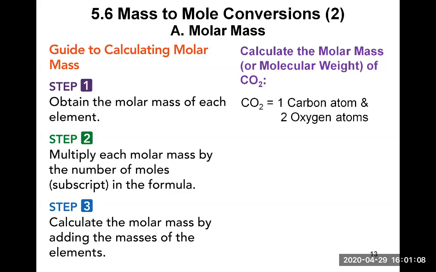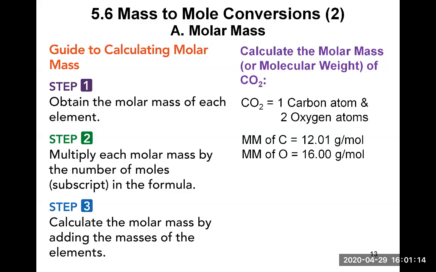And so you will gather the molar masses of carbon and of oxygen, because those are the 2 elements you have in this formula. Of course, you will need to have a periodic table available when you do this, always. And so the molar mass of carbon is 12.01 grams per mole, and the molar mass of oxygen is 16.00 grams per mole.